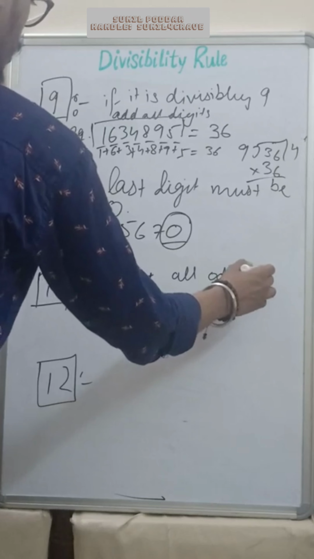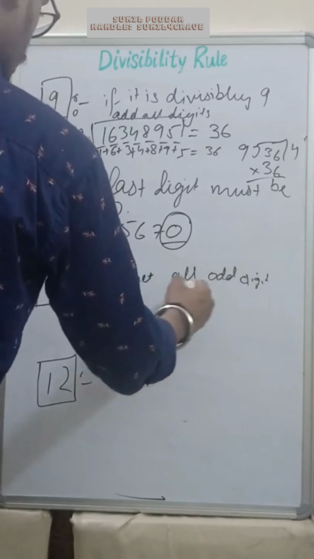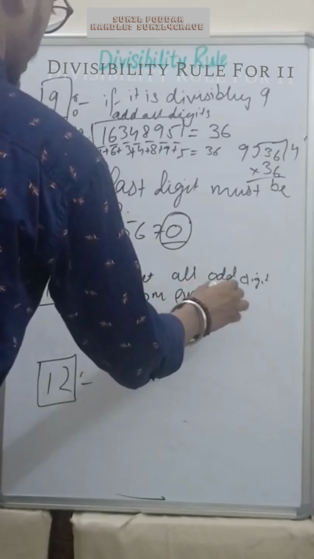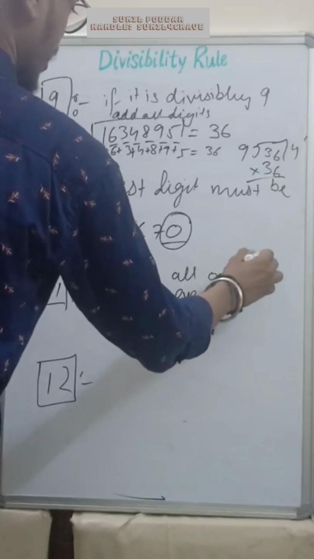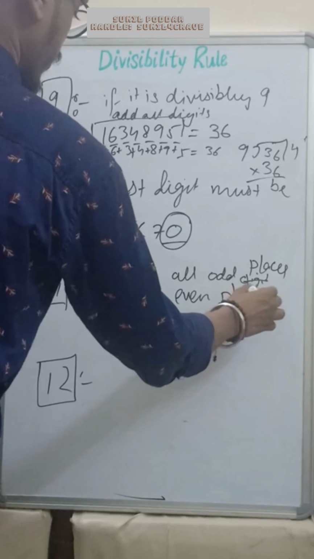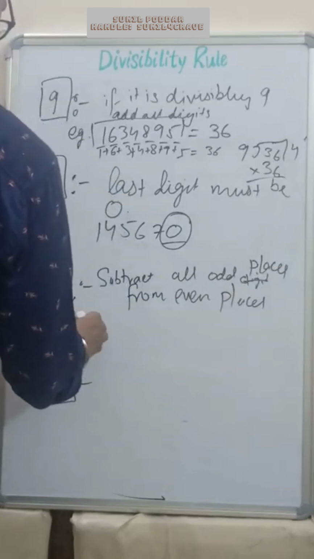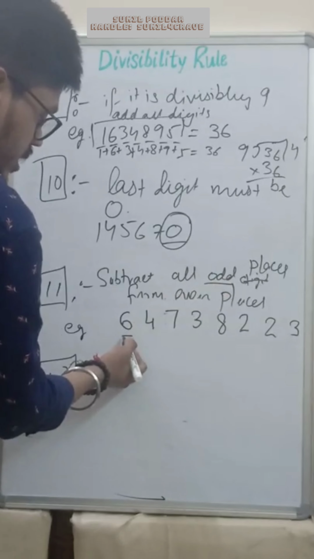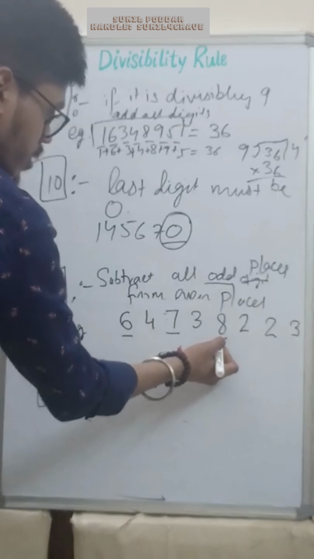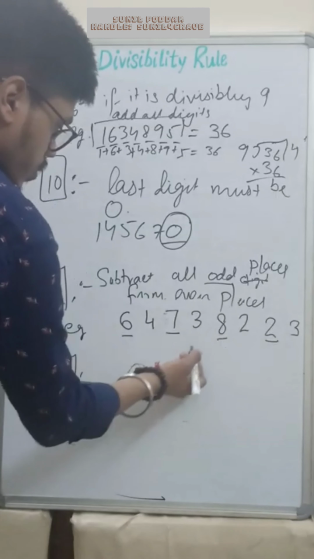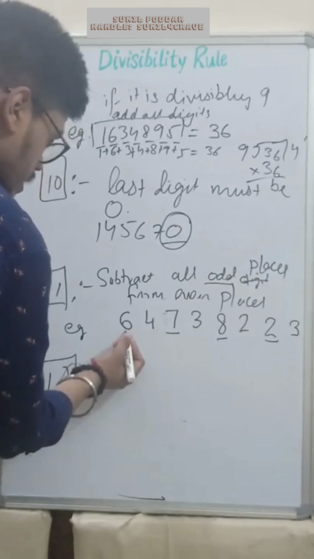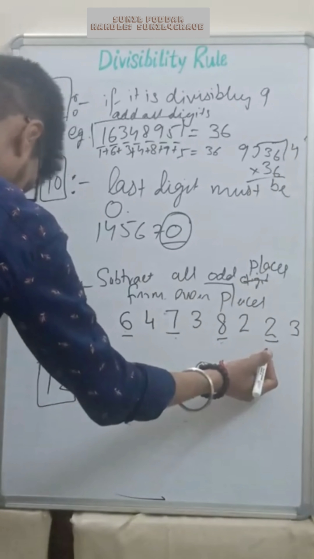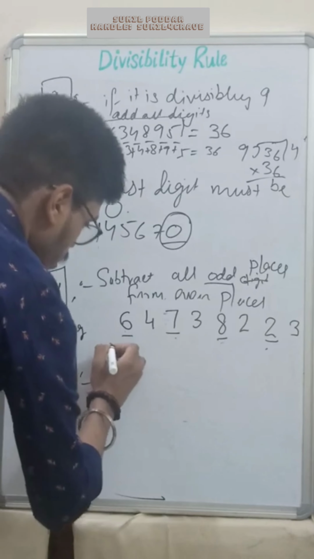Let me make it clear with an example. We have to add up the digits at the odd places: 6 plus 7, 7 plus 8, 8 plus 2, and the answer comes out 23.